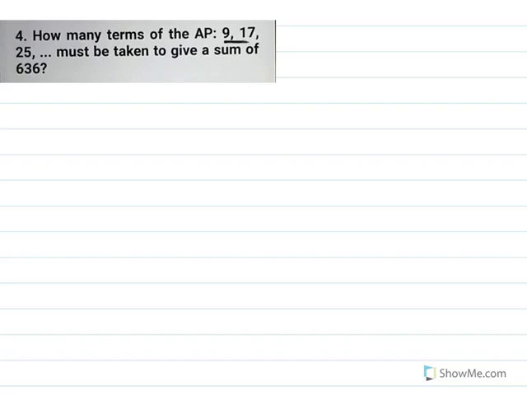How many terms of an AP 9, 17, 25 must be taken to give a sum of 636? Means here they're trying to ask you, if you have 9 plus 17 plus 25 plus and so on, how many terms will you take so that when you add up, you'll get 636.